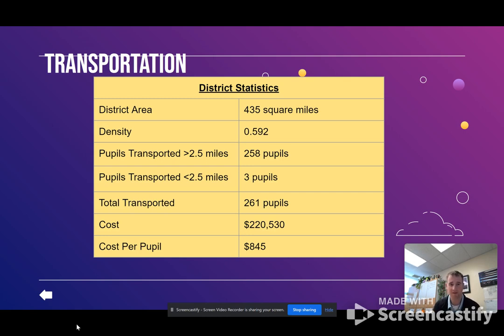And pupils that are not transported over 2.5 miles, and I can tell you exactly who these students are because I know where they live, right outside or right around in Langdon. We only have 3 of those. So total cost of $220,530, and cost per pupil of about $845.